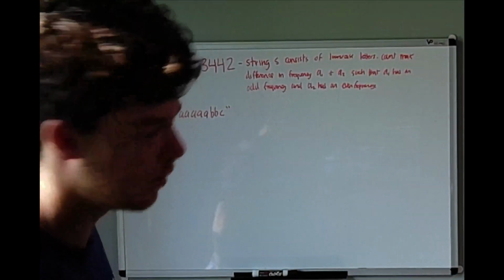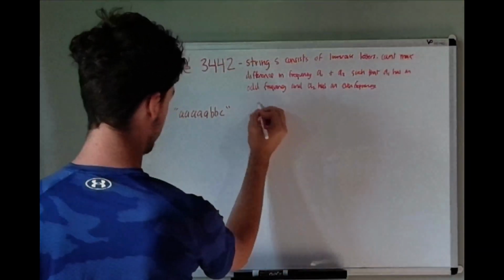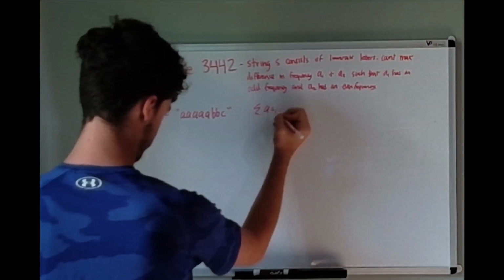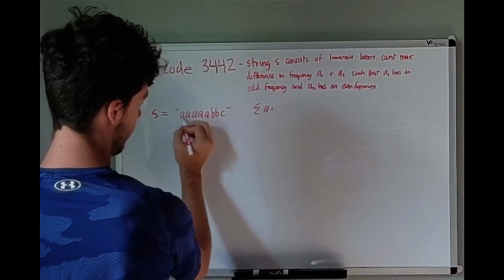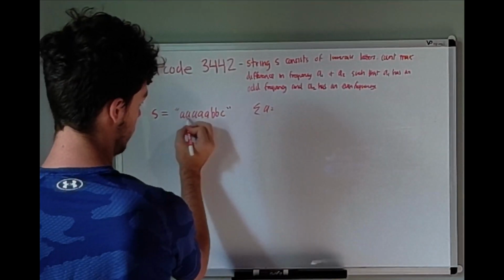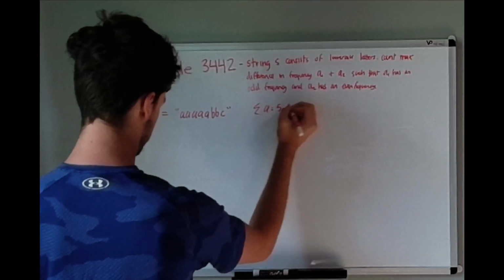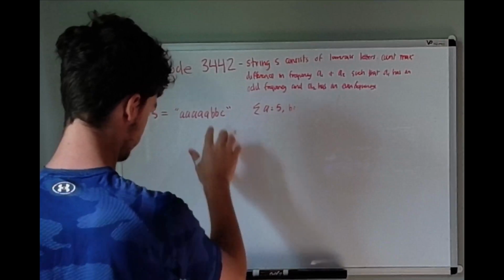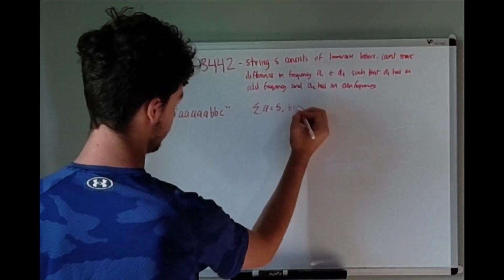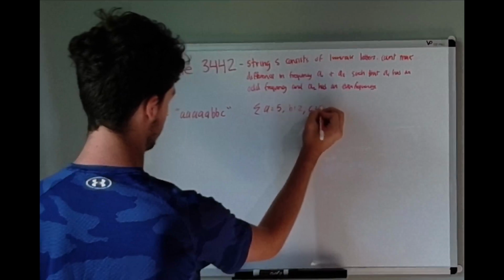That's the first thing you do. You go through the string, you add it to the dictionary. So it'd be A plus 1, plus 2, plus 3, plus 4, and plus 5. Then it would be B, which would be 2. And then C, 1.